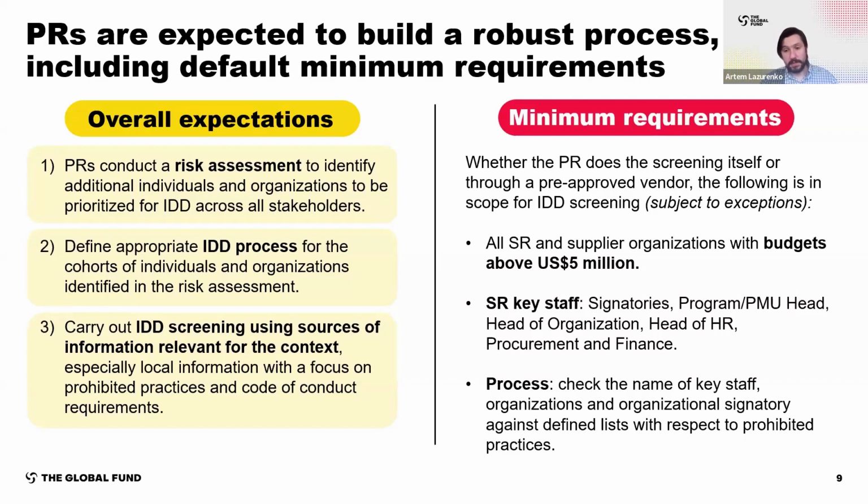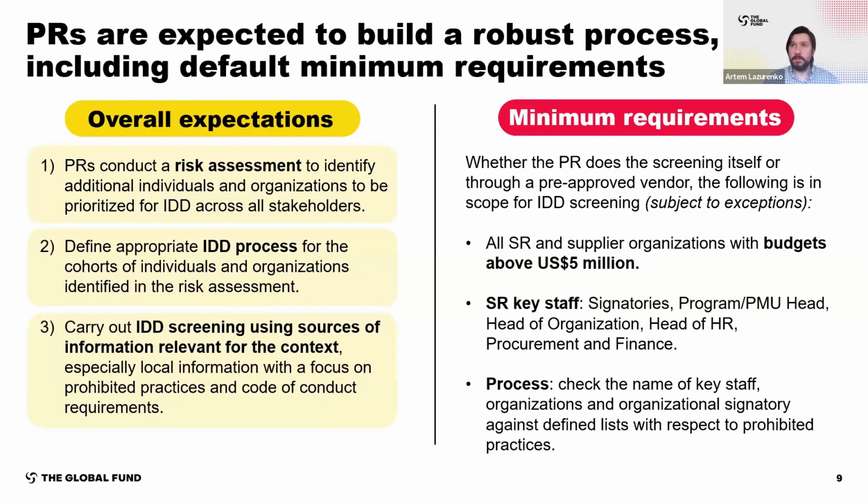So these organizations and these individuals need to be checked against defined lists with respect to restrictive measures and prohibited practices. The lists I have already talked about with regard to restrictive measures. And these same lists also mention the prohibited practices, especially fraud, terrorism financing, sexual abuse, and sexual harassment.